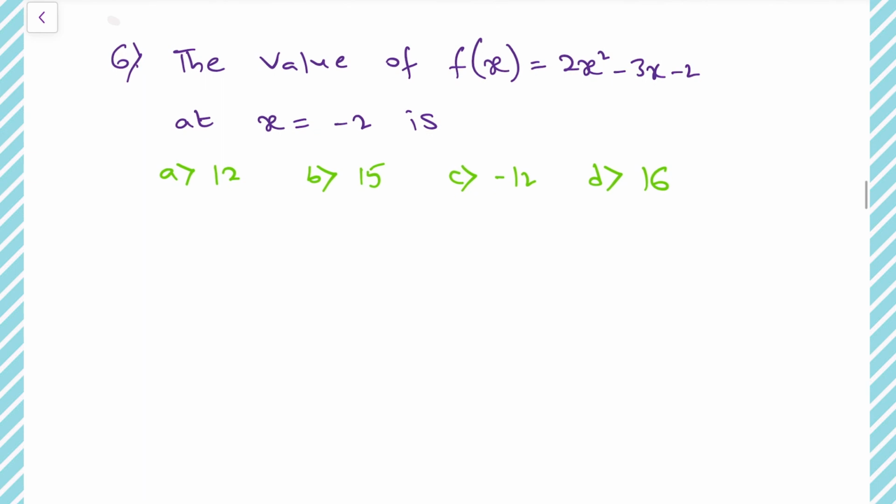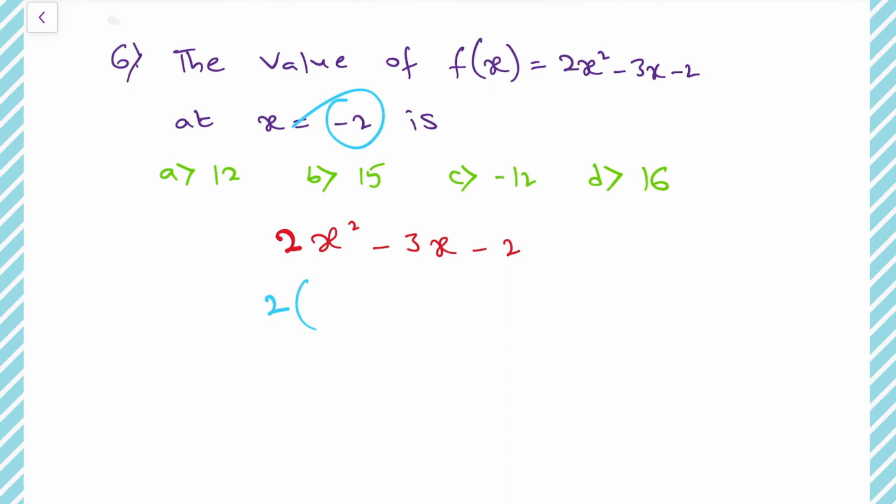The value of f of x, 2x square minus 3x minus 2, at x equals minus 2. If they are asking to find the value of a polynomial, simply substitute that given number in the place of x. The polynomial f of x is given as 2x square minus 3x minus 2. In the place of x we need to substitute minus 2.